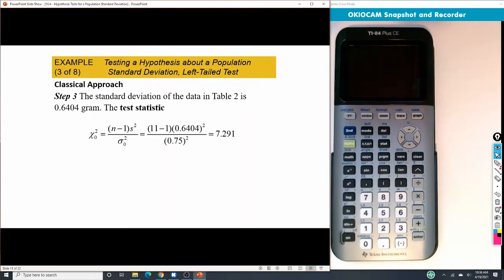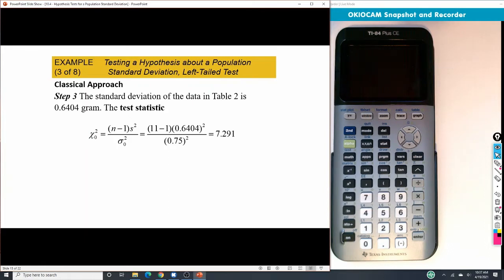All right. Okay, so for the test statistic here, we plug those things in. So we have our n is 11. So we go back and count how many we had in our chart. We had 11 items there, so n minus 1. Our s squared was 0.6404. Now we can get that from taking our table, putting that into L1, and going from there.